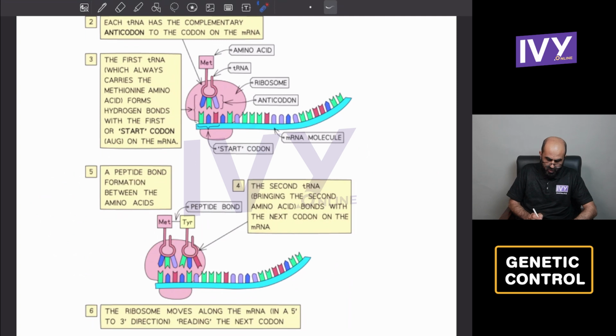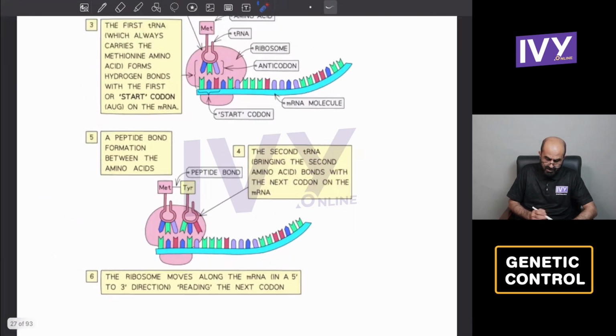Now, the ribosome moves along the messenger RNA in the 5 to 3 direction. Since this is the fifth end and this is the third end, the ribosome is moving in this way. It moves one step ahead. So when it has moved one step ahead, this codon will be outside and this codon now will be inside, and another tRNA will be arriving here.